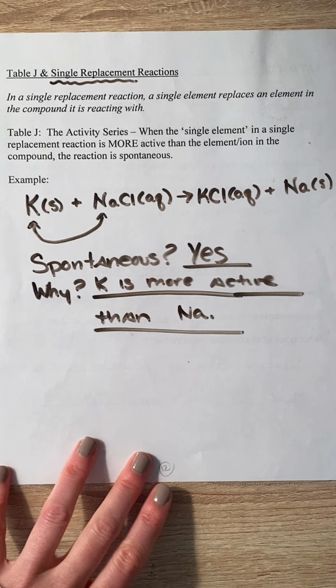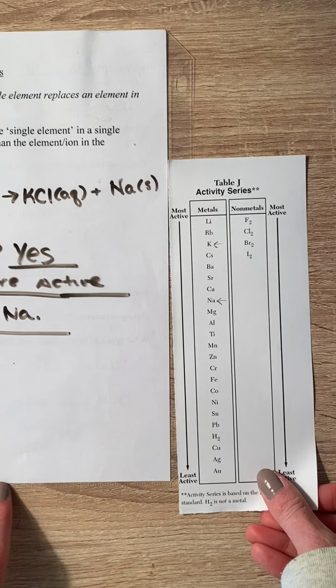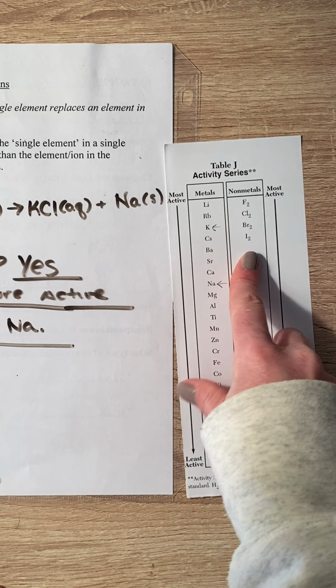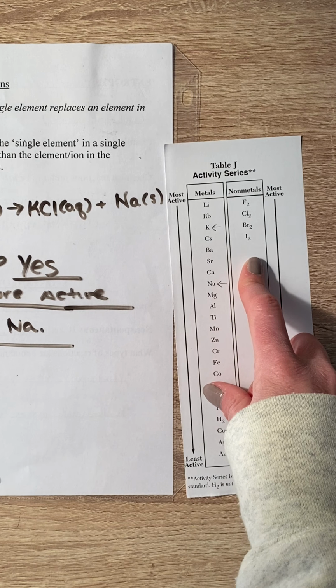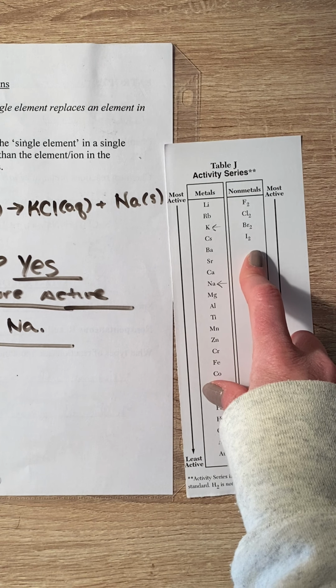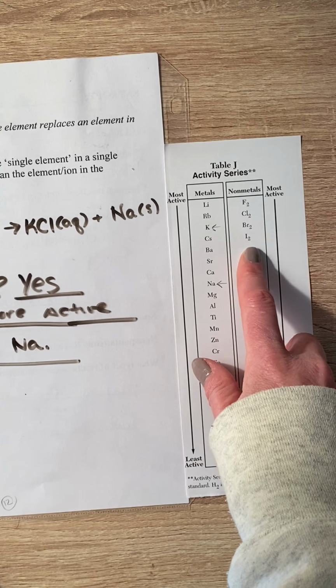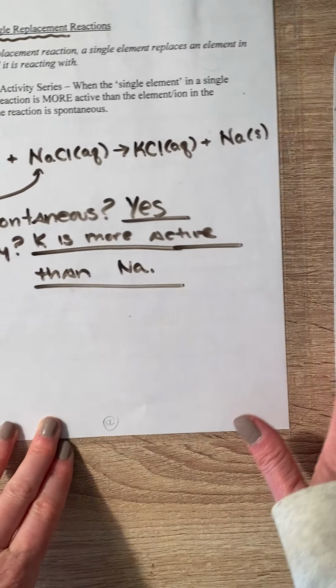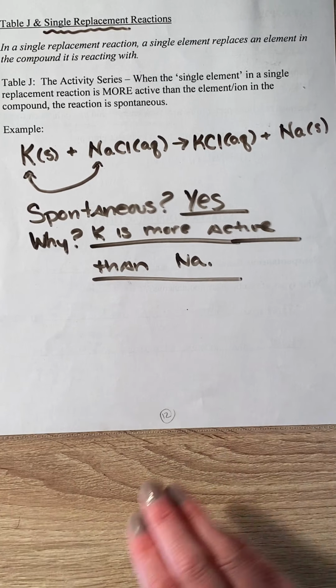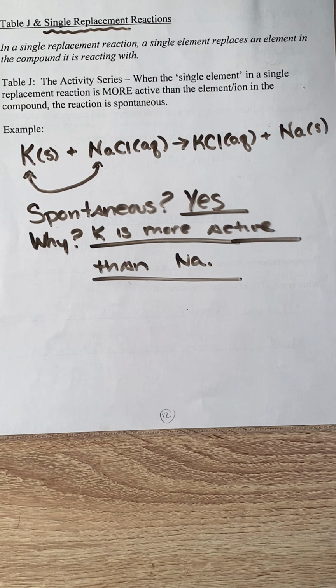You can also see that on the right-hand side, we have some nonmetals. We have our halogens listed there. So we can also have a reaction where a nonmetal gets replaced. If I were to give you an example of that, it would look something like this.